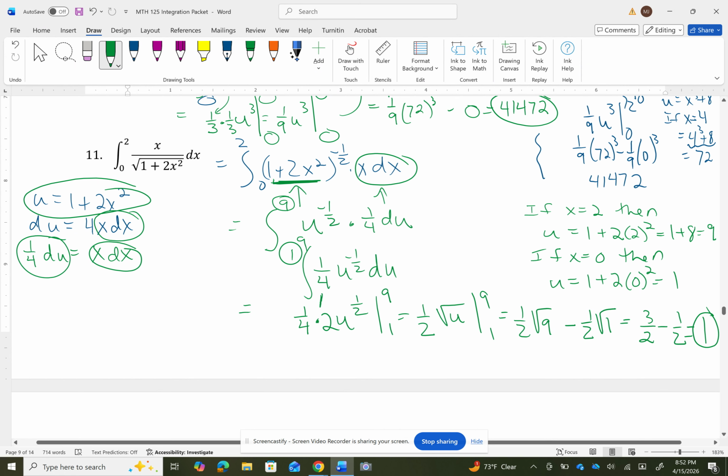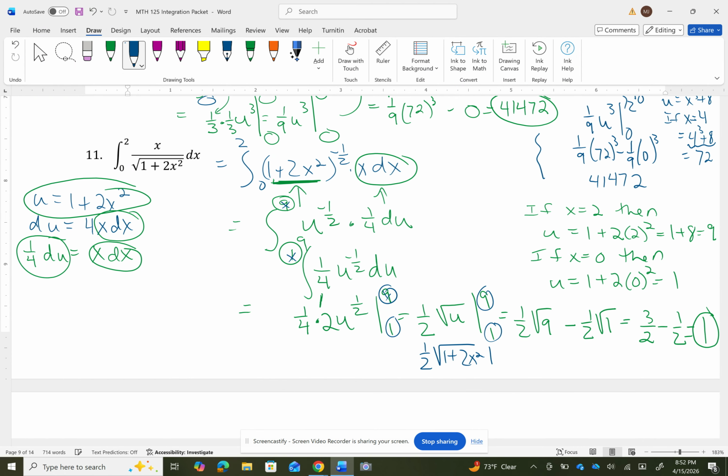One comment I want to make is that if you wanted to just leave these open here and here, right, just leave those open, you could. It's just that when you are then needing to evaluate, you would put your x back in and then use your original 0 to 2, and all the work we did over here ahead of time would wind up being part of your evaluation process.